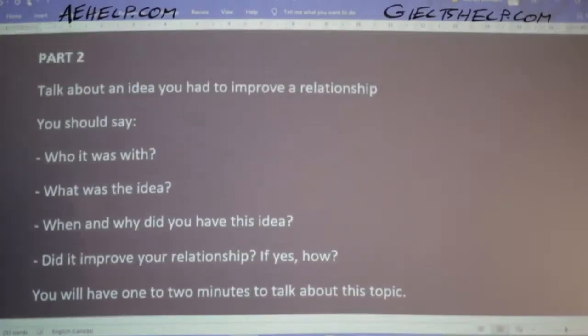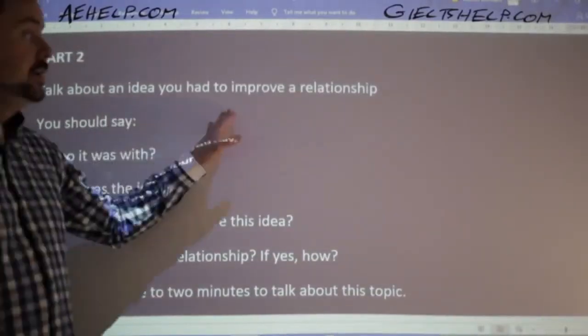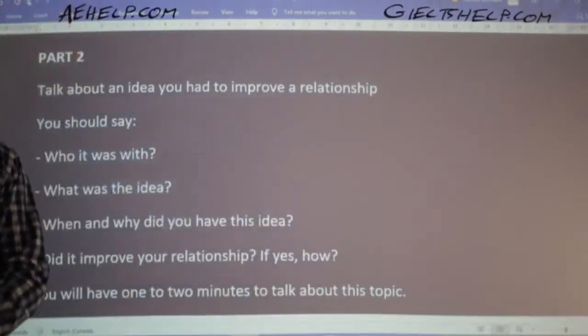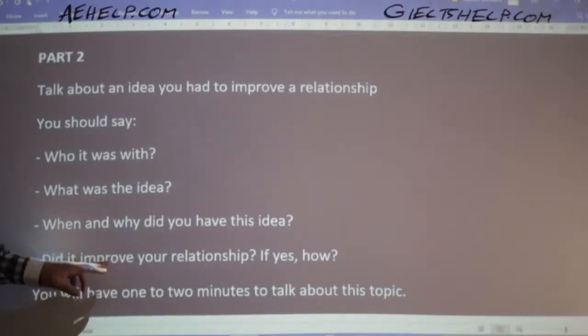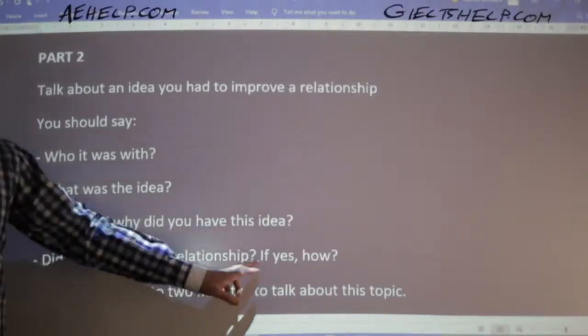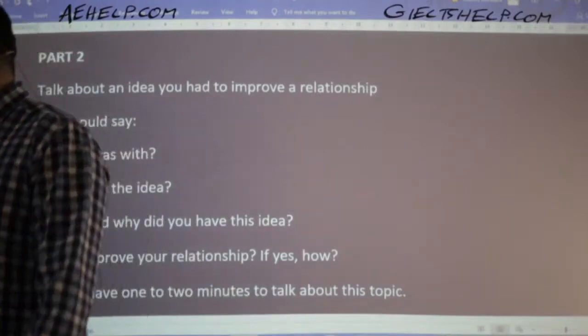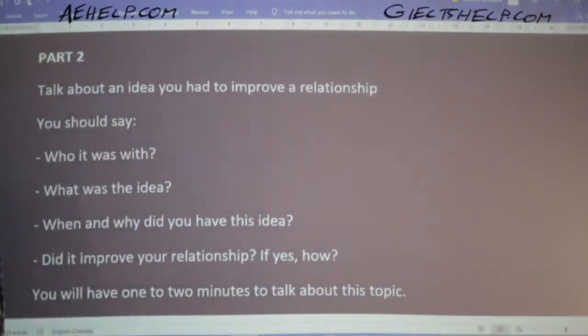And it should be fairly simple to figure out. Talk about an idea you had to improve the relationship. And then look at the rest of the questions too. Who it was with, what was the idea, when and why did you have this idea, and did it improve your relationship? If yes, how? Okay, so what's the main focus of the tense here?